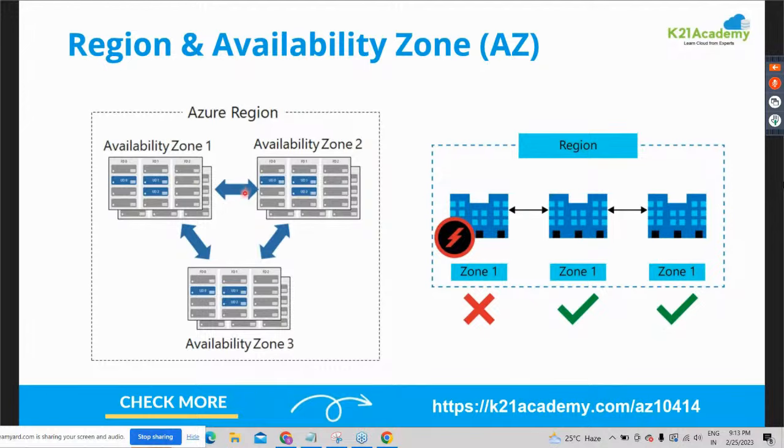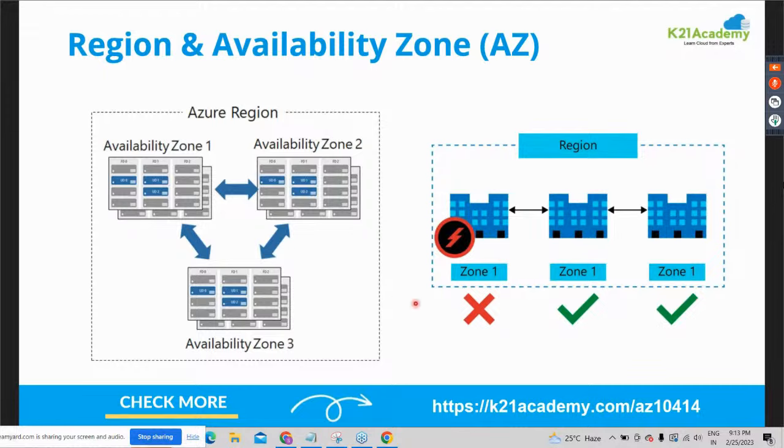If one availability zone goes down, the other continues working, so you are not going to lose your data or your resources. They are connected to each other through very fast private fiber optic networks, and these allow customers to run mission critical applications with high availability and low latency.